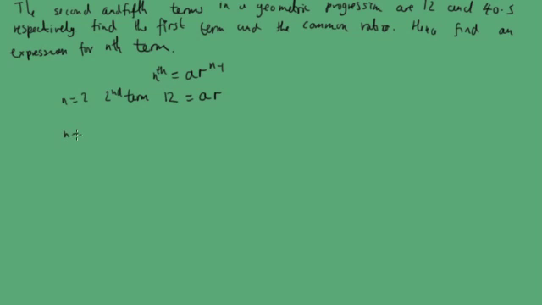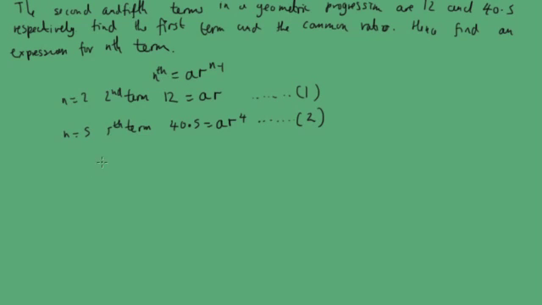And when n equals 5, the 5th term is 40.5, which is equal to A R to the power 5 minus 1, which is 4. We're going to call these equation 1 and equation 2.